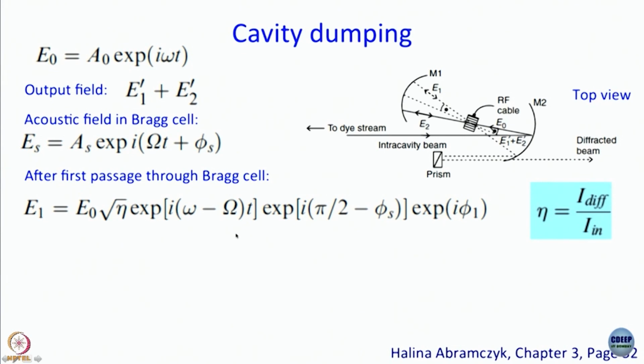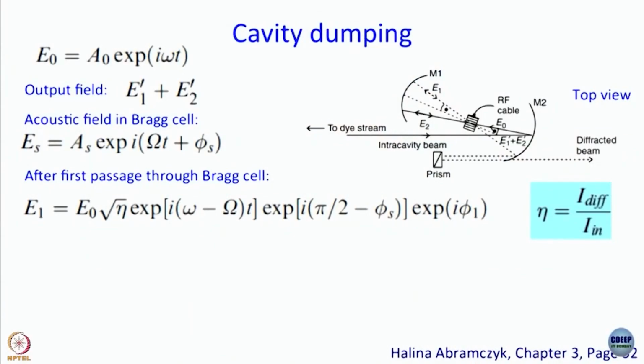What is the relationship between electric field and intensity? Electric field and intensity, what is the ratio? Which one is the square of which one? Intensity is square of electric field. So, therefore, it is not difficult to understand that electric field is square root of intensity. That is where this square root comes from. So, square root of eta, no problem, I hope.